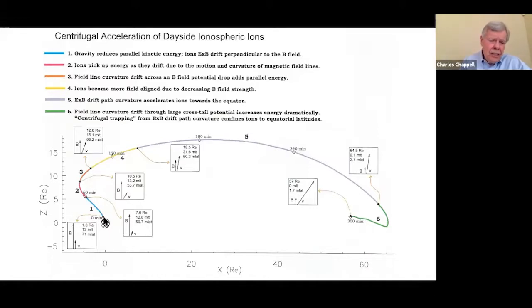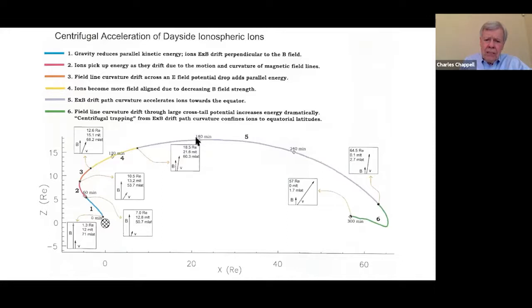It shows that as an ion leaves the ionosphere, so sun's to the left, on the day side, this is a polar wind ion moving out at a few eV. As it follows the magnetic field lines and moves up into the magnetosphere, it goes through an area where the field line is curved. And when it's curved, it causes a curvature drift on the particle, which in this case is out of the page. That drift moves the particle across the crosstail potential and energizes it. So a few eV becomes 10 eV or so, and then it flows out through the lobes.